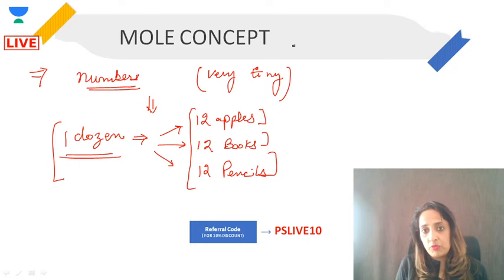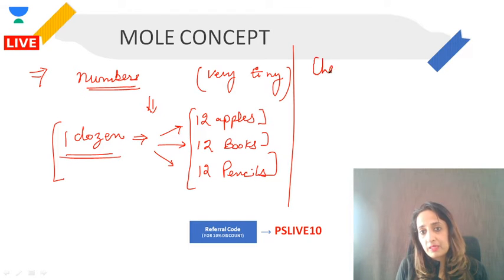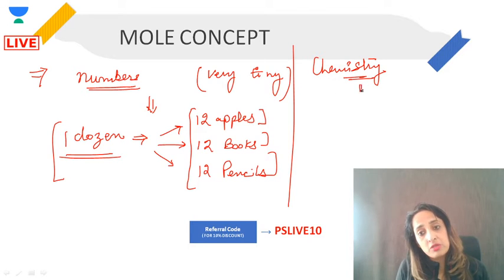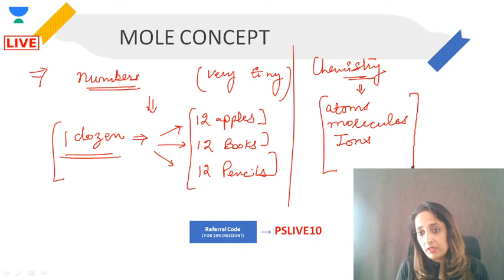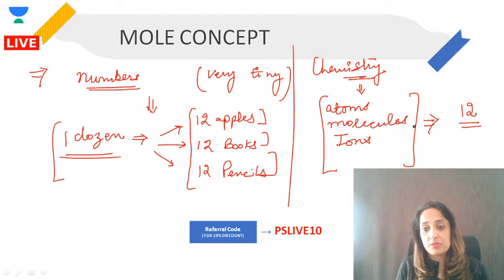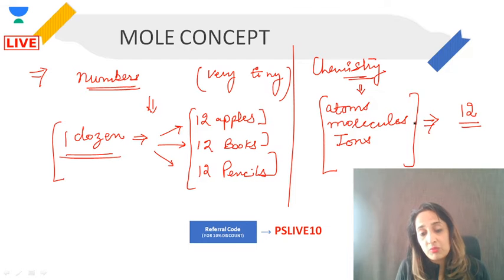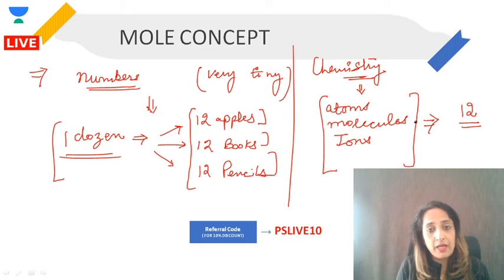But when we talk about chemistry, we talk about very small units. We talk about atoms and molecules and ions, right? So these are the terms that we use. Do you think you can count a dozen atoms, which means 12 atoms, or 12 molecules of oxygen or 12 atoms of hydrogen?